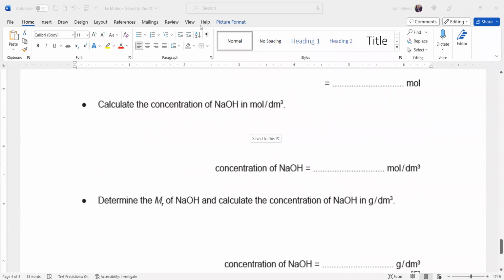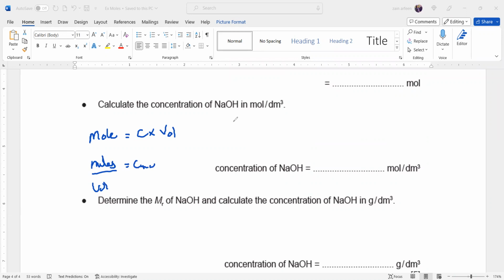But that is in cm cube. If we need the concentration, the formula is moles equal concentration into volume. But the volume must be in decimeter cube. So concentration is moles divided by volume. That will give us the concentration.